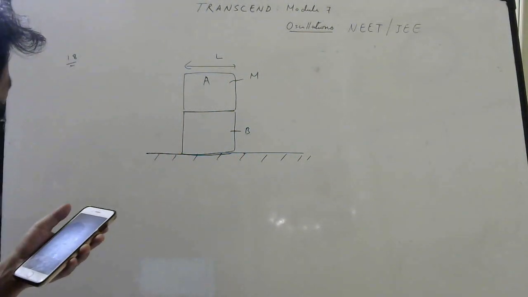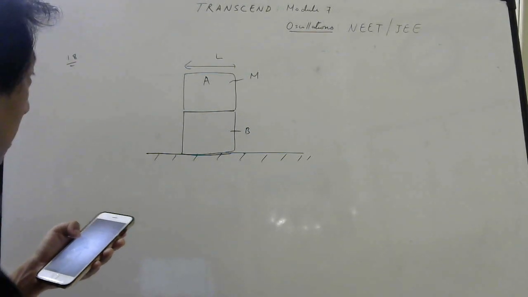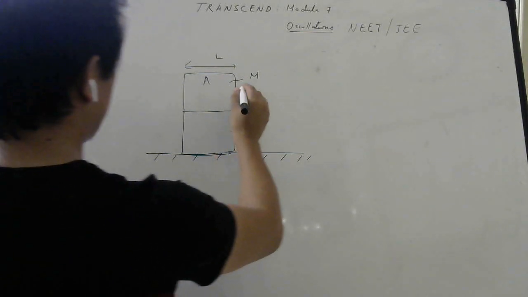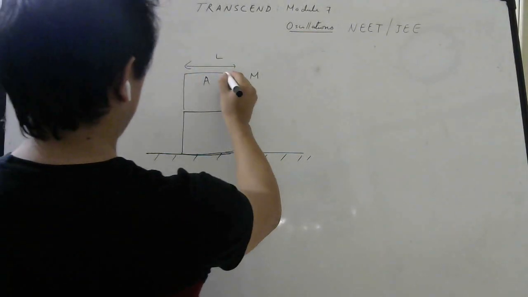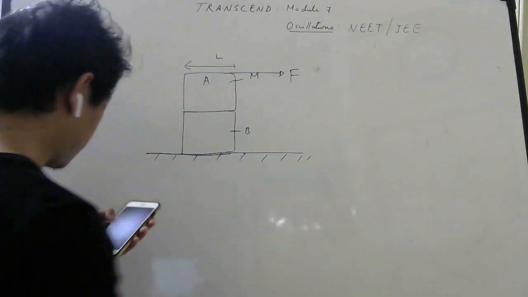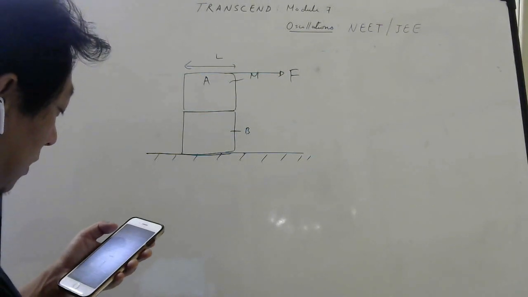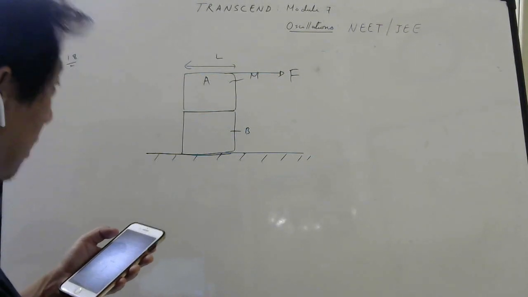A small force F is applied perpendicular to one of the side faces of A. If this is the side, it is applied like this, perpendicular to this side. After the force is withdrawn, A executes small oscillations with time period how much?